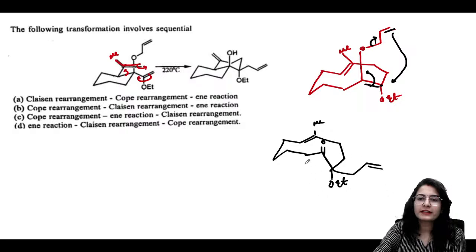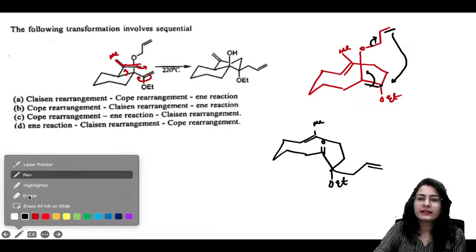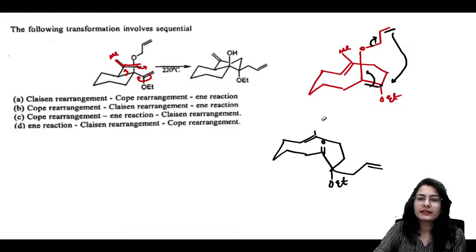ठीक है. Now next thing that we see is ene reaction. How do we try out an ene reaction? ये देखो ene reaction हम कैसे कर सकते हैं.